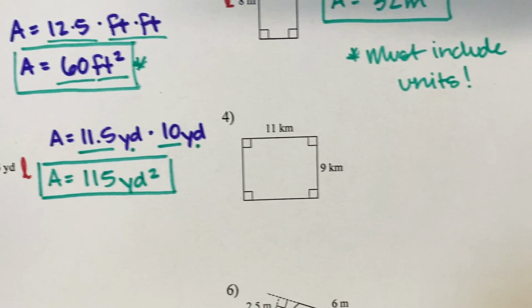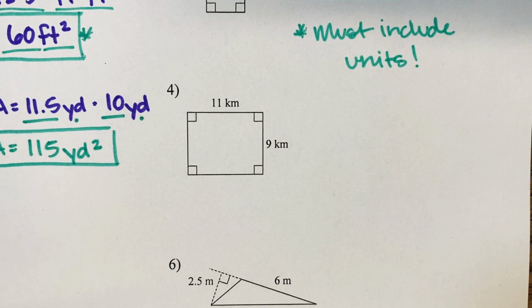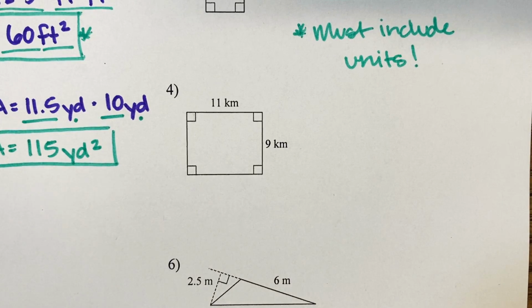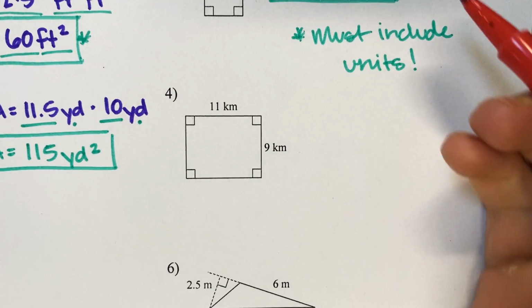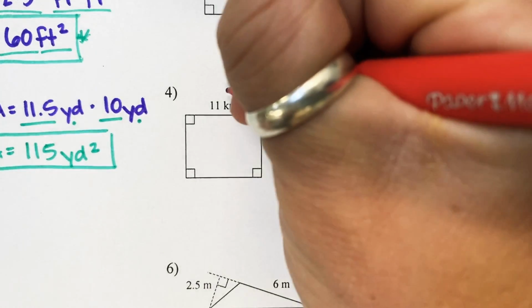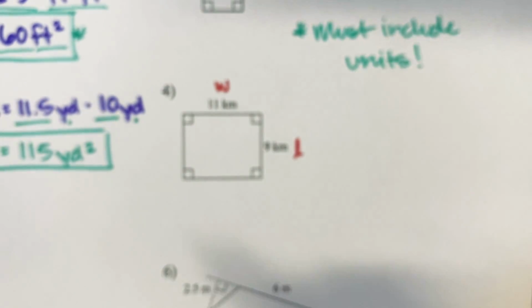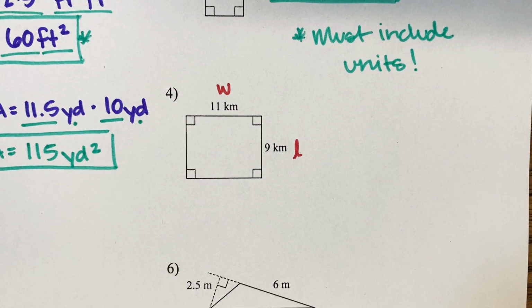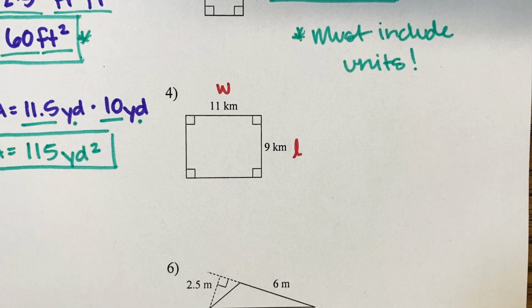Well, let's look at number 4 now. Which one are we identifying as length and which one as width? I'm going to make 9 kilometers my length. That means 11 kilometers is going to be my width. Let's go ahead and multiply these together.